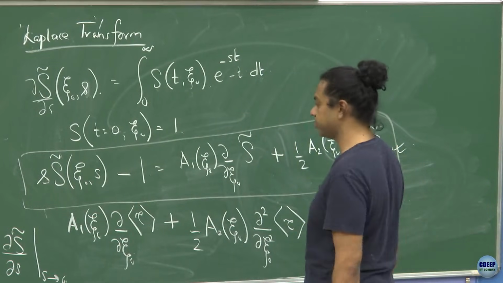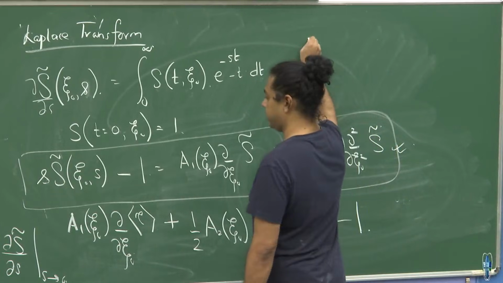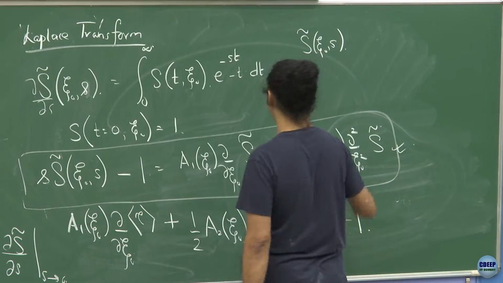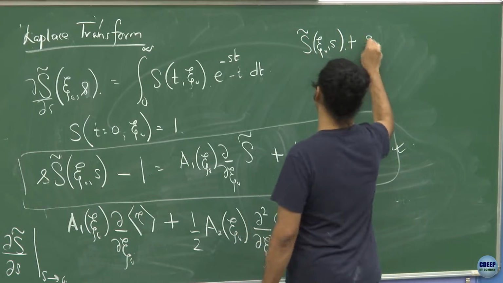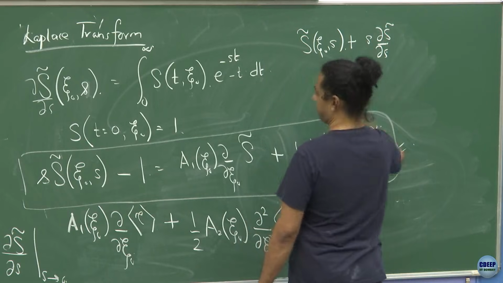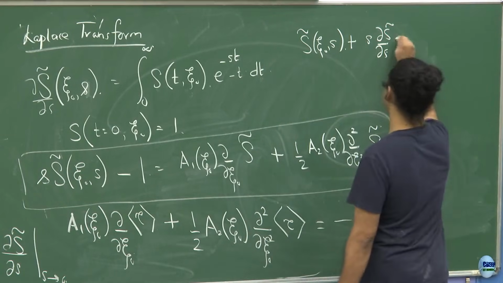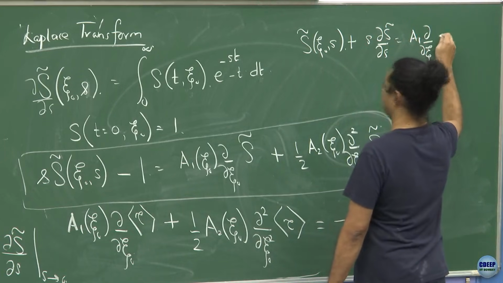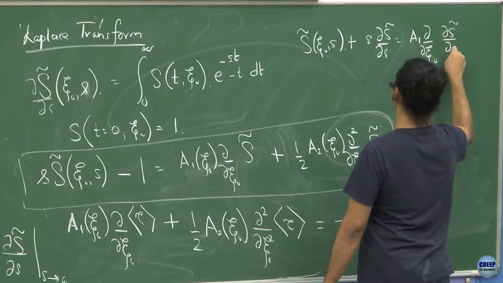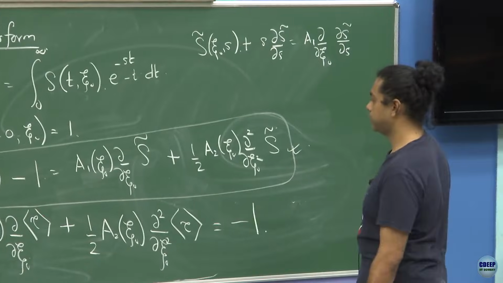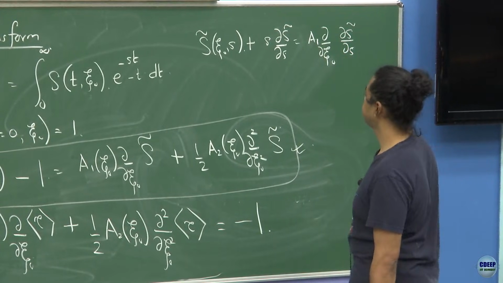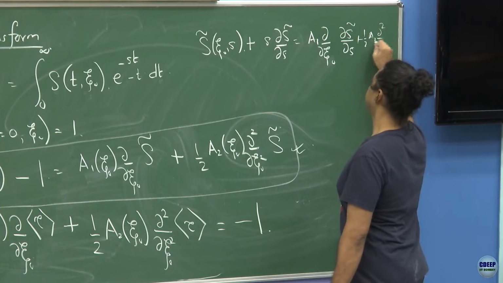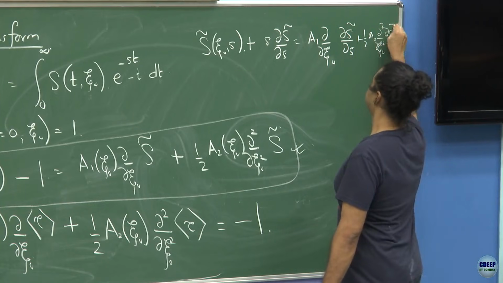If I take a derivative of this with respect to s, I will get s tilde of xi naught comma s plus s del s tilde del s, right, and then equal to a1 del xi naught of del s tilde del s, and then half a2 del 2 del xi naught square of del s tilde del s.